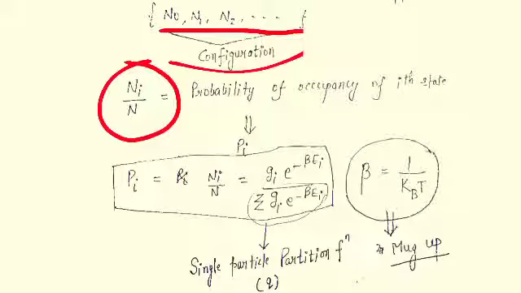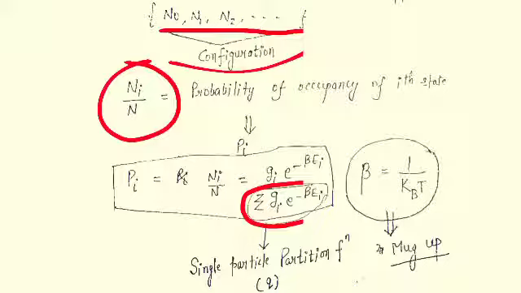But here I am introducing it because the expression written in the denominator of the formula actually refers to the partition function, and this is the single particle partition function represented by small q.